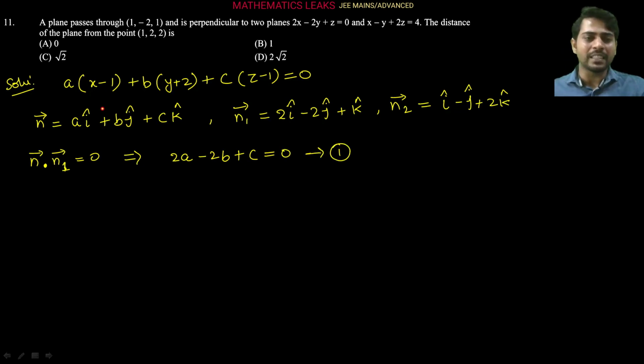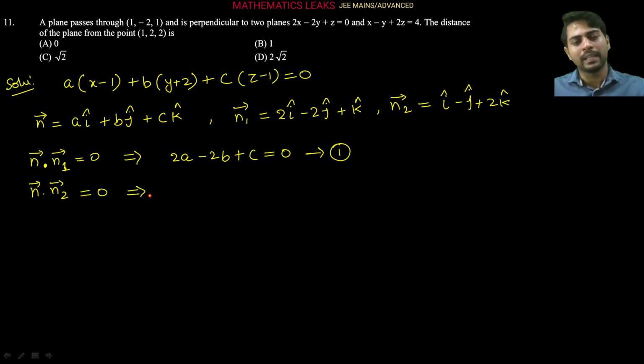Similarly, this normal must be perpendicular to this normal vector, because this plane is perpendicular to this plane also. So from there also we get n dot n2 must be equal to 0.